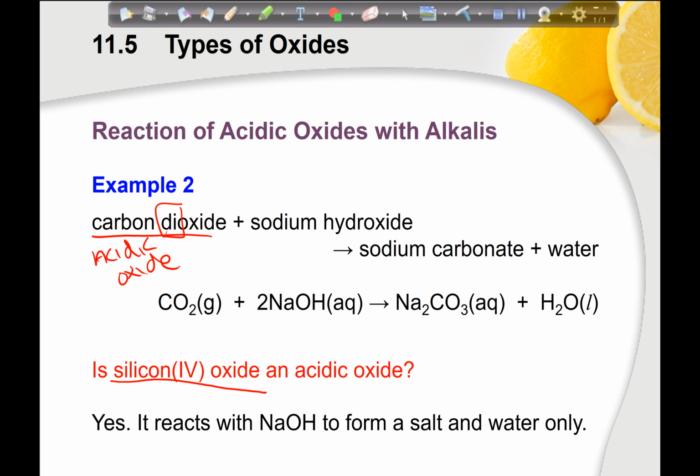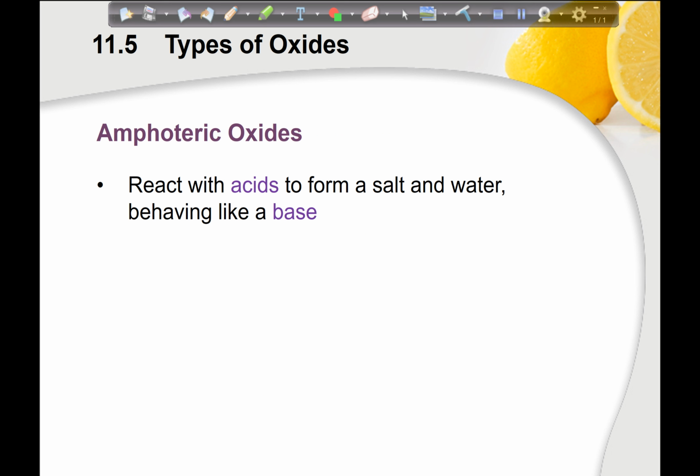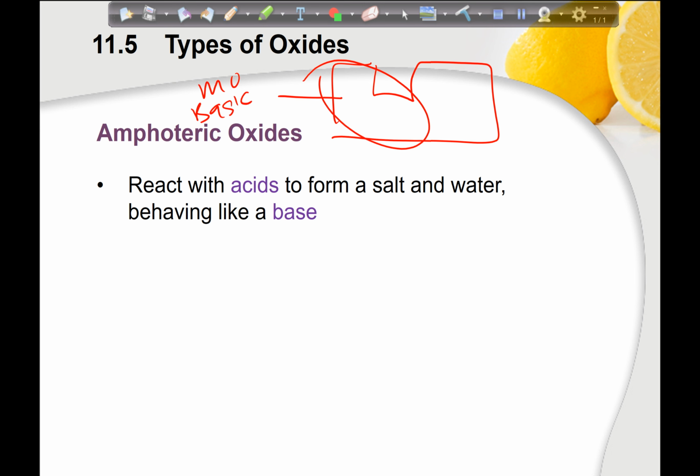It should be, because it is a non-metal oxide and it has 2 or more oxygen. Hope this clarifies the part on acidic oxide. So far we have learned that anything that's a metal oxide is basic, and anything that's a non-metal oxide is acidic.